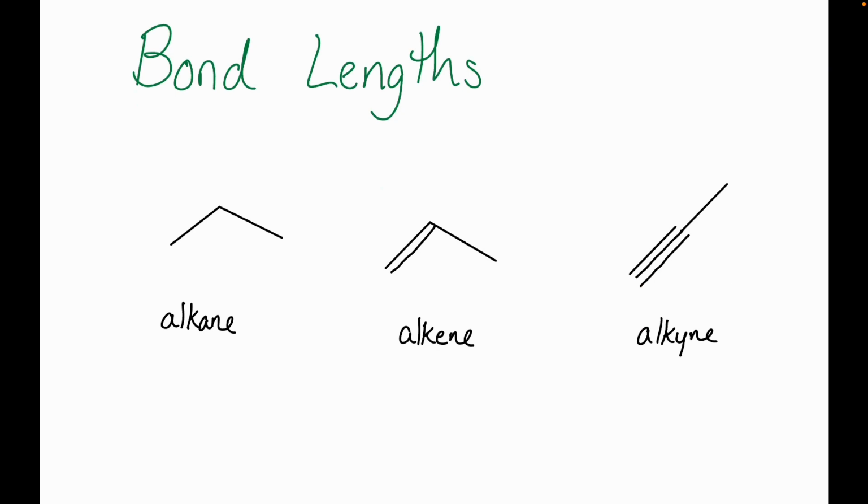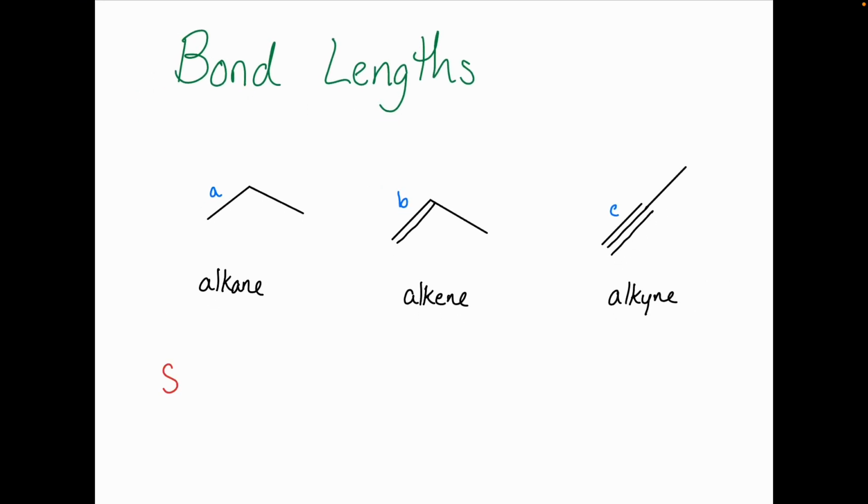Okay, cool. So let's compare bonds here. I'm going to label A, B, and C, and I want to rank these from the shortest bond to the longest bond. All right, which one's going to be the shortest, A, B, or C? C, right?